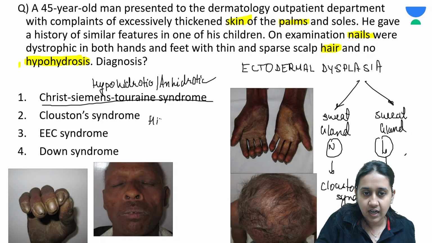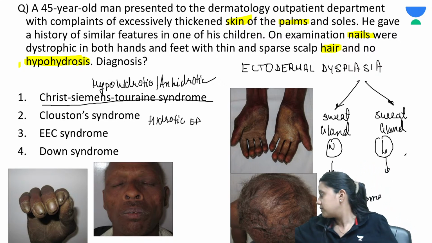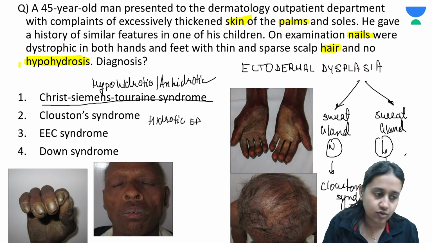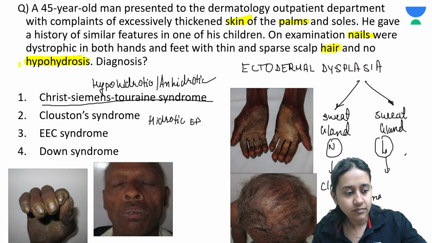This is known as hidrotic ectodermal dysplasia. So that is the difference. One is hypohidrotic and another is hidrotic ectodermal dysplasias.